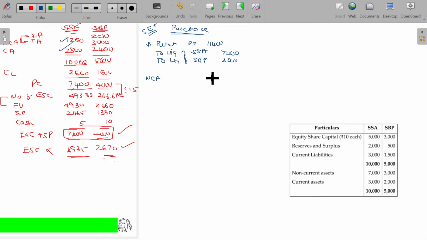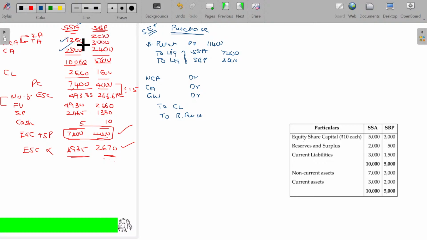Non-current assets account debit, current assets account debit. Even we have the goodwill account debit, to current liabilities, to business purchase.